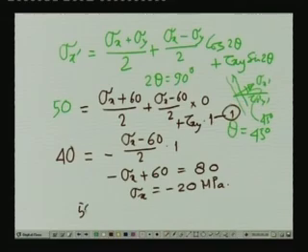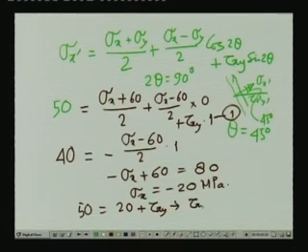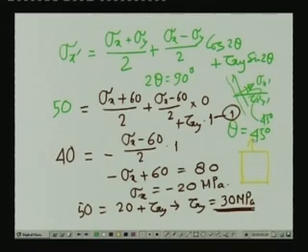So 50 is equal to 20 plus tau xy, and thereby tau xy is equal to 30 MPa, which is obvious, being the shear stress component in the horizontal plane. If we now draw the element on which the stresses act, we have sigma y on this. Now we have evaluated the stress sigma x and also tau xy.